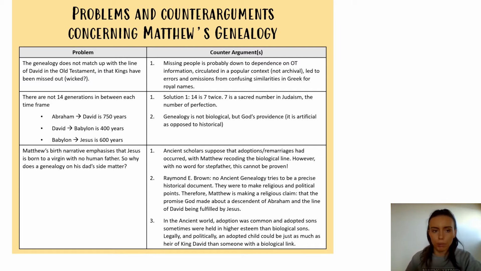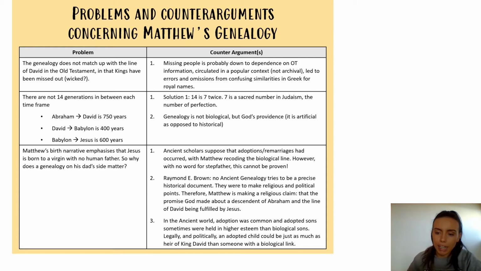So the first problem is that Matthew's genealogy does not match up with the line of David, and what we mean by that is it's inaccurate and kings have been missed out. So people are missing off this genealogy who should be on it. A counter-argument, and this is an explanation as to why these people might be missing, is that it might be down to dependence on Old Testament information circulated in a popular context, so it's not coming through archives.